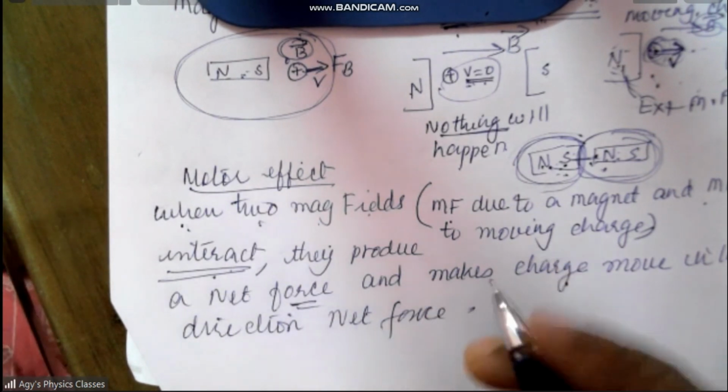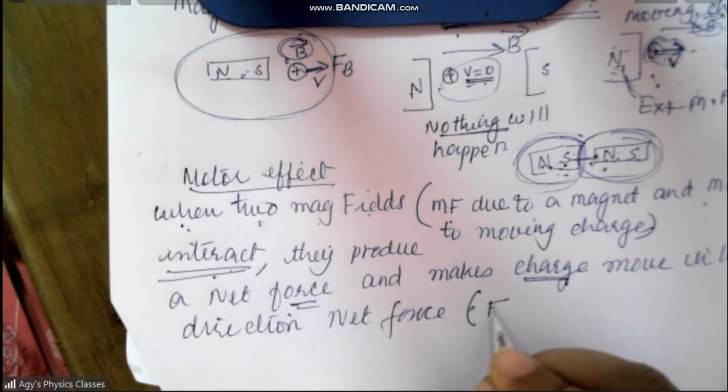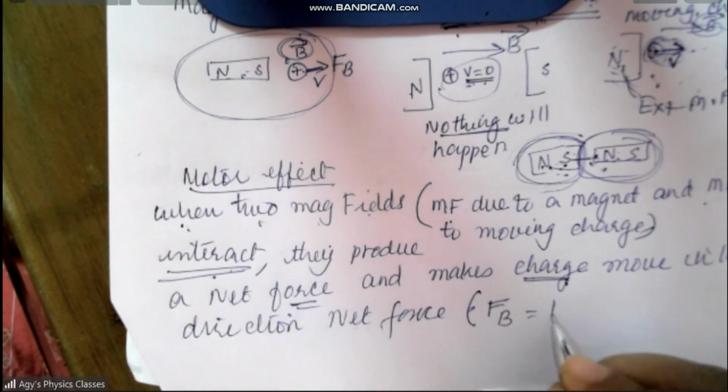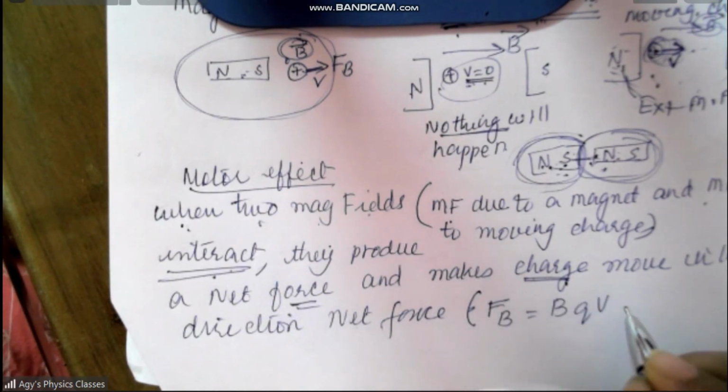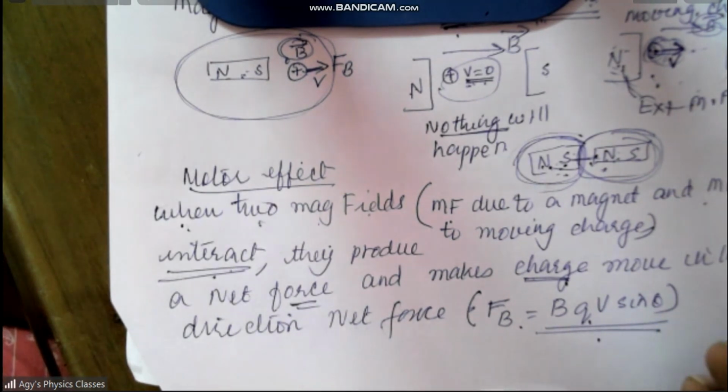Okay, and how much is that net force? Now, since it is a charge, force due to magnetism is equal to BQV sin theta. This is the formula. So what is this? The force on a moving charge in magnetic field.